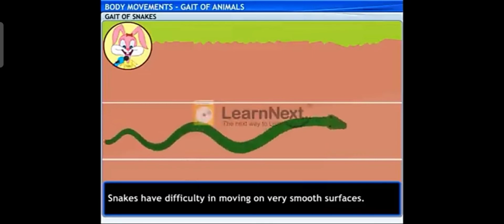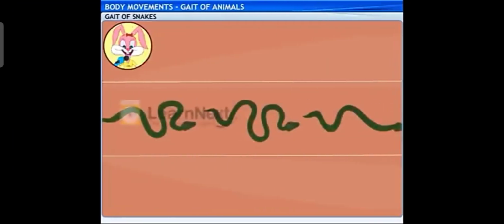It always bends and curls. You can see the snake is moving in a zigzag or S shape. A snake does not move in a straight line, it always moves in a zigzag or curled manner. You can see the figure here.